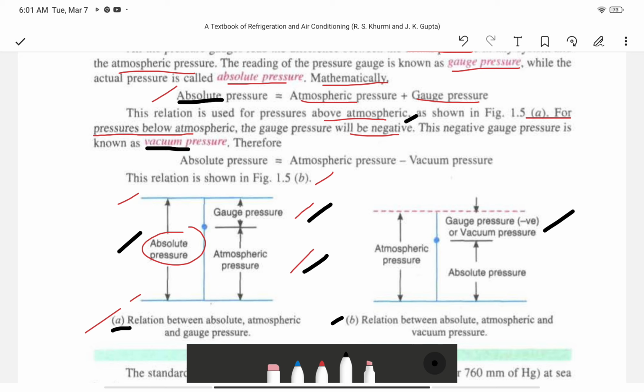The negative gauge pressure is known as vacuum.